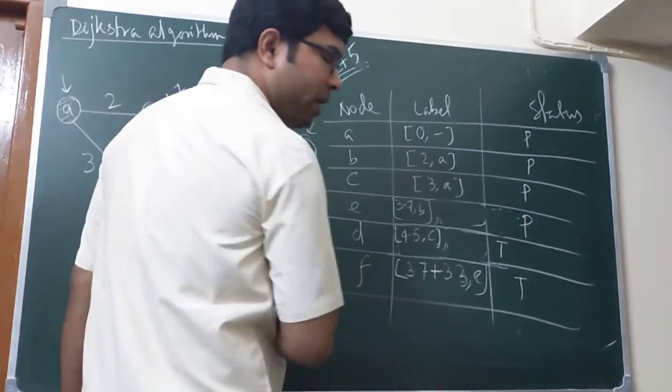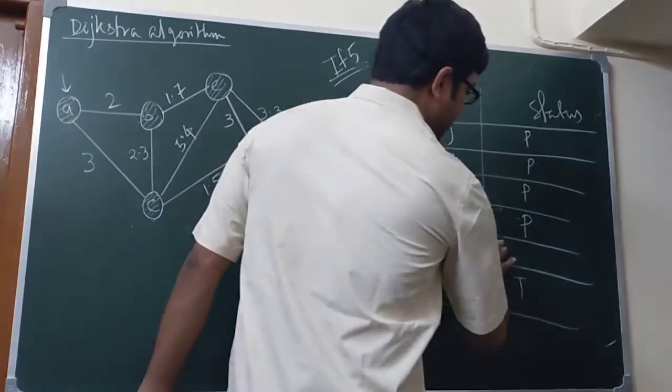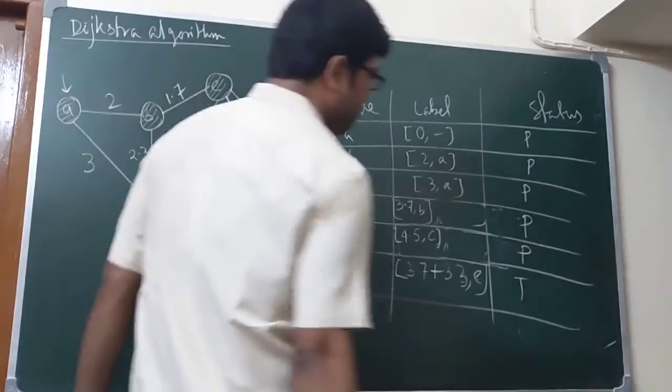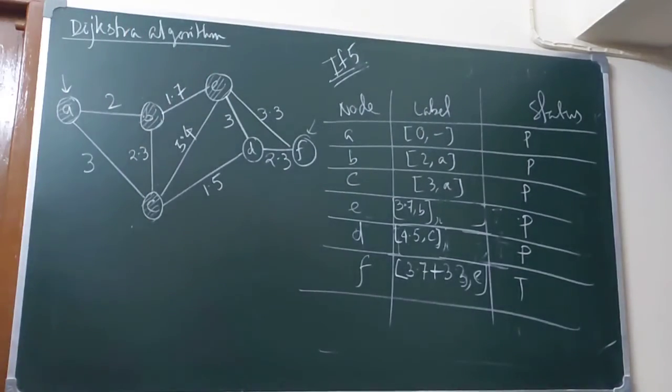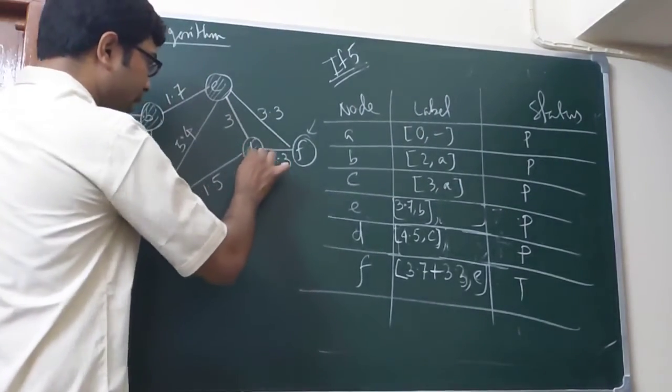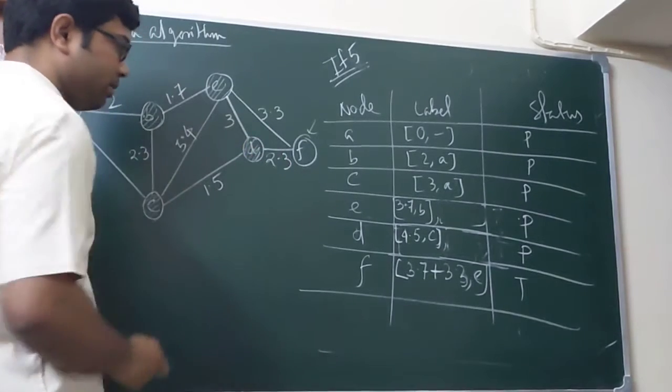So 4.5 is smaller, so the status of D now becomes permanent.